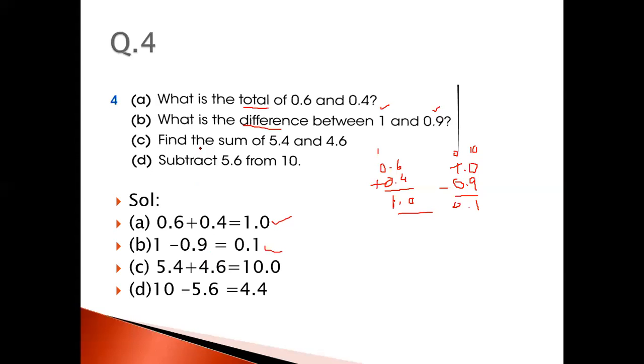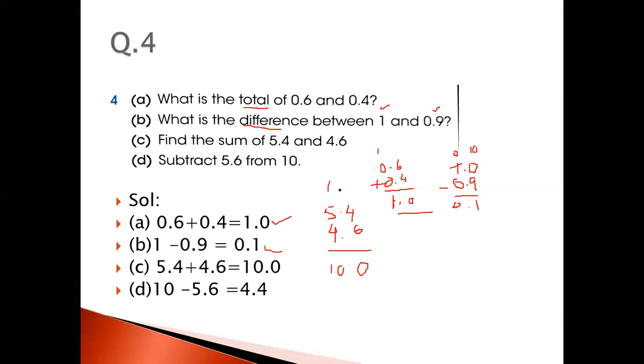Our answer is 1 minus 0.9, that is 0.1. Here you can see, find the sum of 5.4 and 4.6. Simply write both numbers and go for the addition, because sum asks for the addition operation. Write 4.6 with the decimal below the decimal. 4 plus 6 will be 10, write 0 here and carry 1, 5 plus 5 will be 10, so you write 10 here.